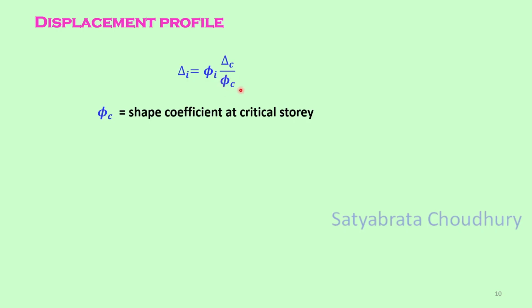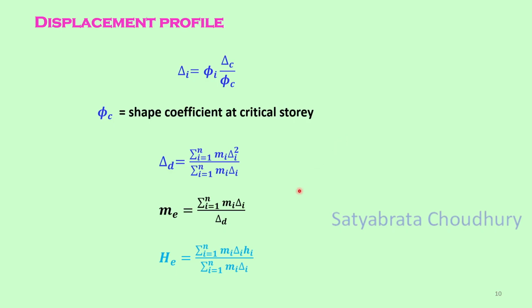If the critical story is the ground story, then phi C will be phi 1. If the critical story is the third story, then phi C will be phi 3, which you have already calculated because all phi I values are already calculated. So phi C is the shape coefficient of the critical story.